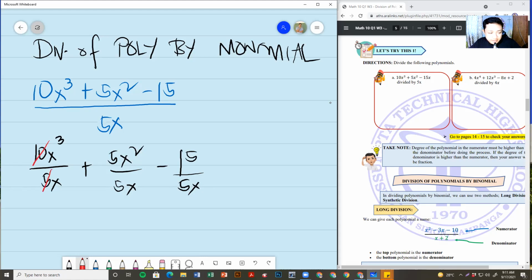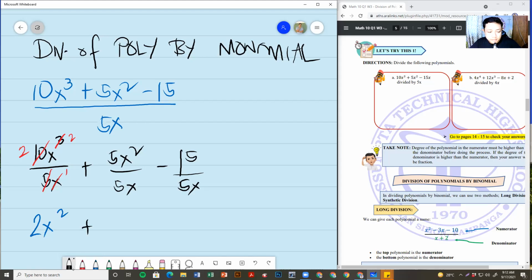Coefficient to coefficient, variable to variable. 10 divided by 5, what's the answer? That's 2. And then x cubed and x, there's 1 here. We subtract, we have squared there. So we will have here 2x squared. Got it? It's simplifying. You know this.